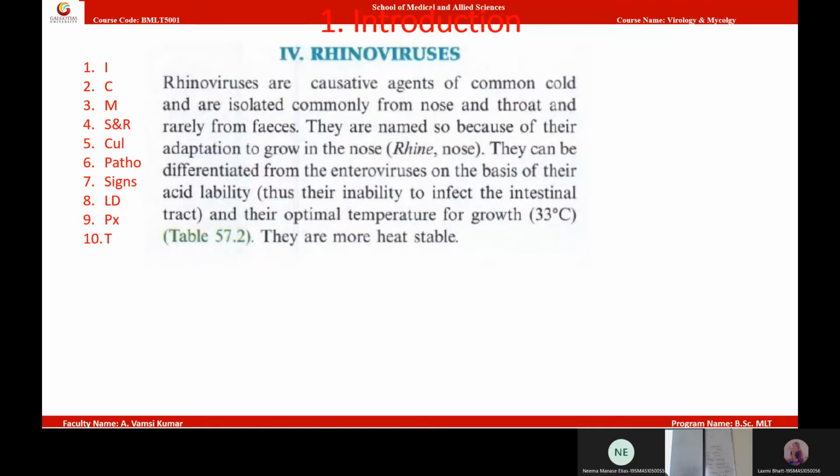Target site of replication is nose. Favorable temperature is around 33 degrees centigrade.